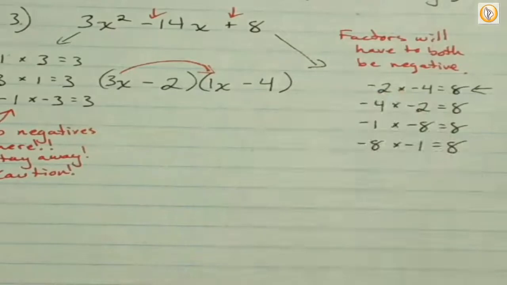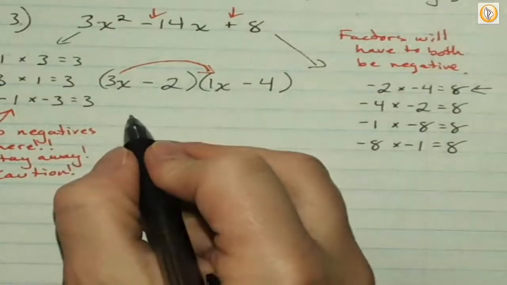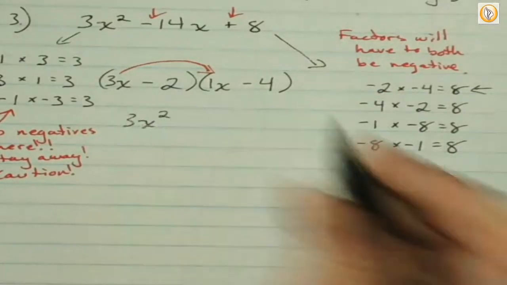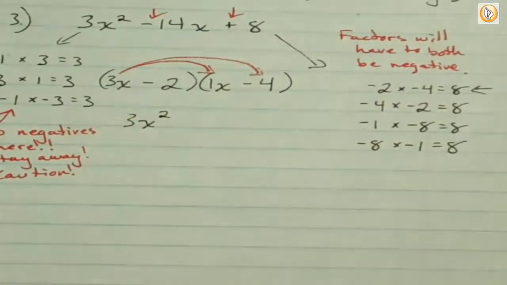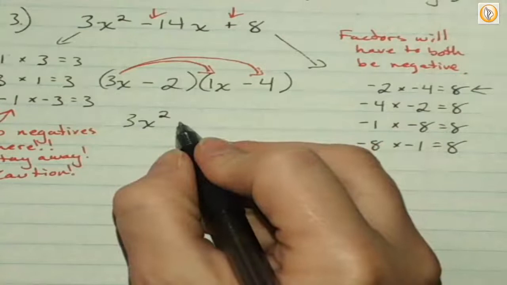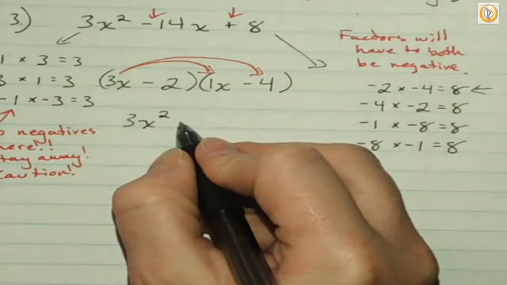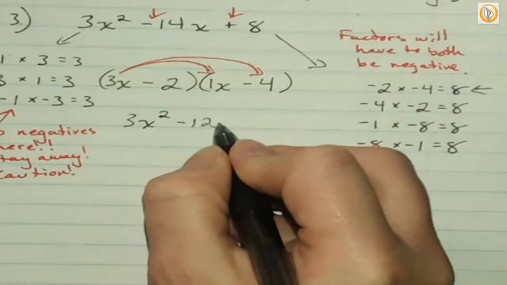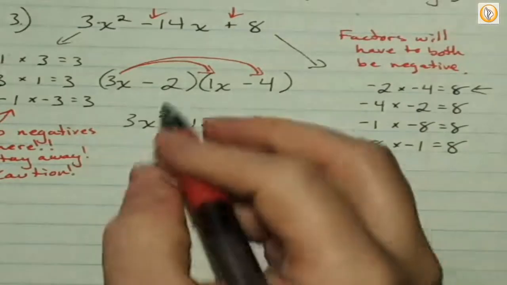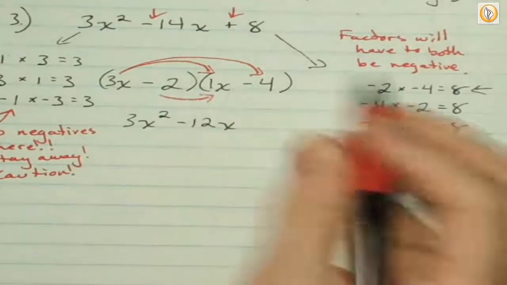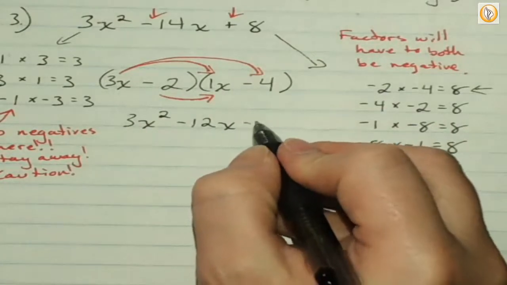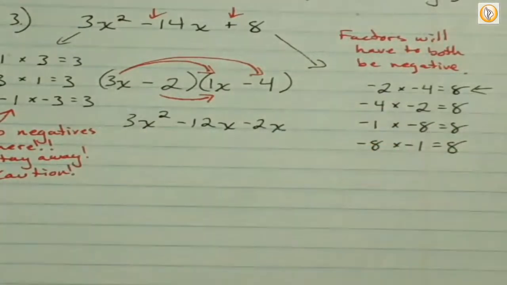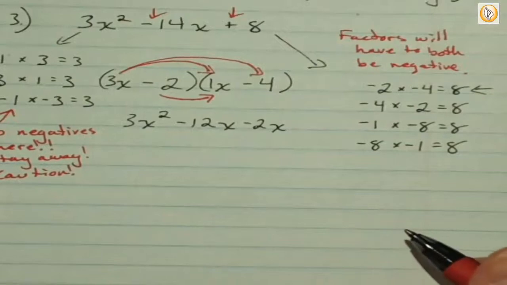3x times 1x, Emily, is what? Perfect. 3x times negative 4 gives me what, Emily? Negative 12x. What does negative 2 times 1x give me? Man, this wasn't supposed to work out.